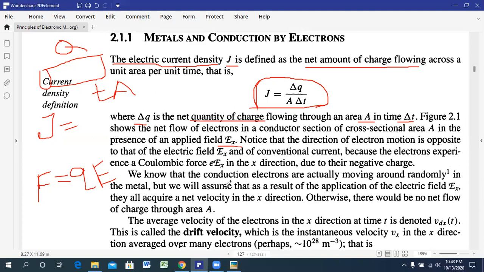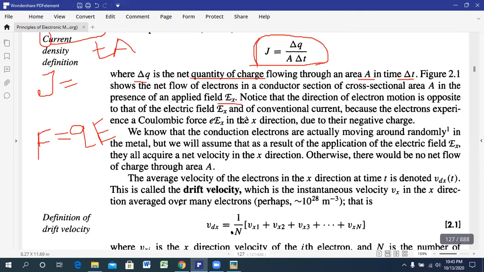And we know that the flow of electrons is in the opposite direction of the flow of current. So if this charge is negative, this one is an electron, so that one is the negative charge quantity. So that one will be F equals minus eE. Is that clear?